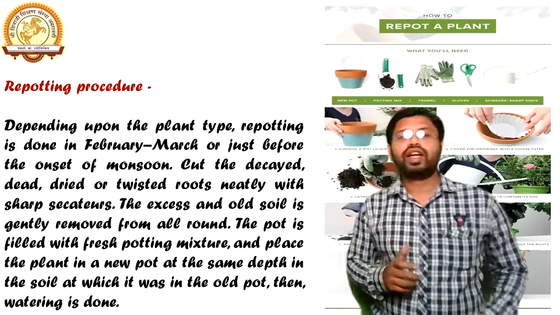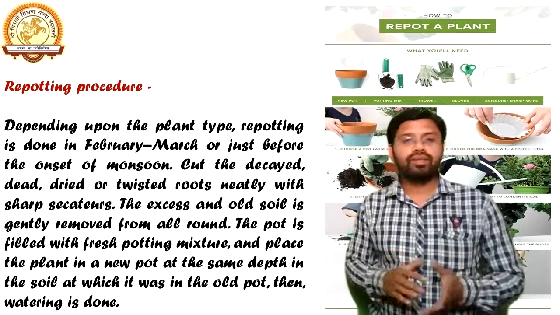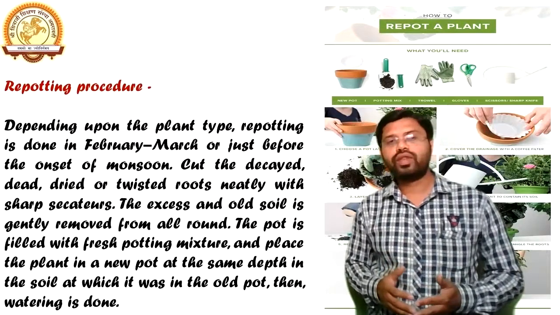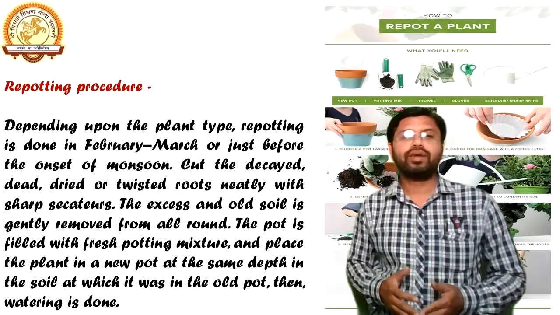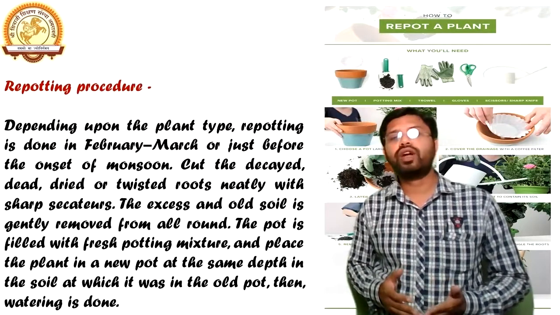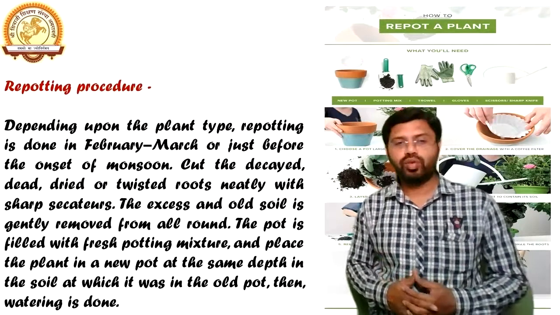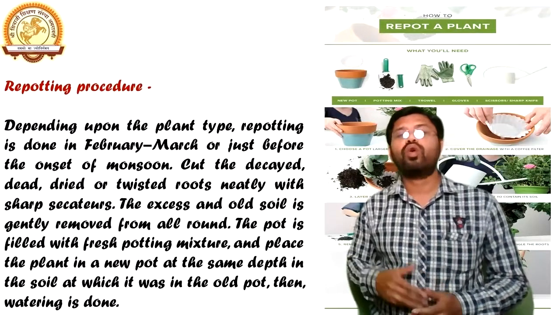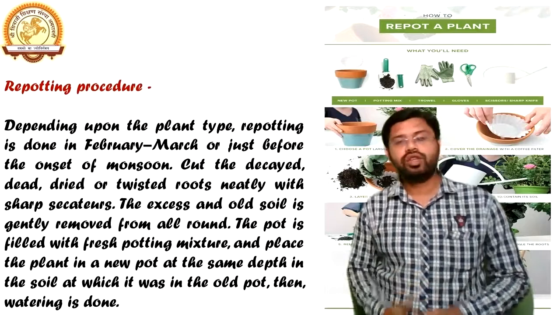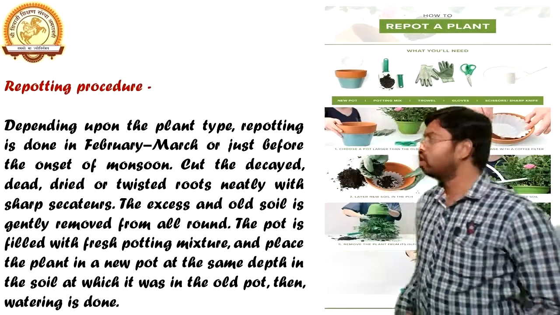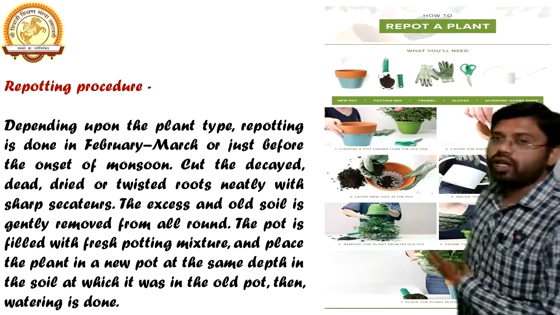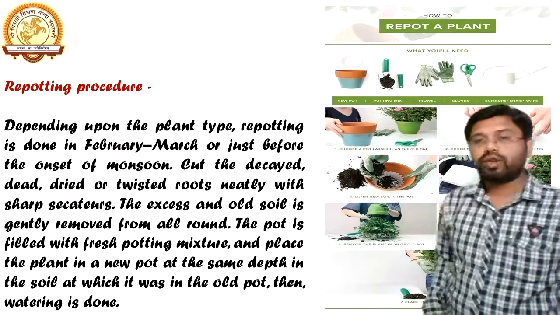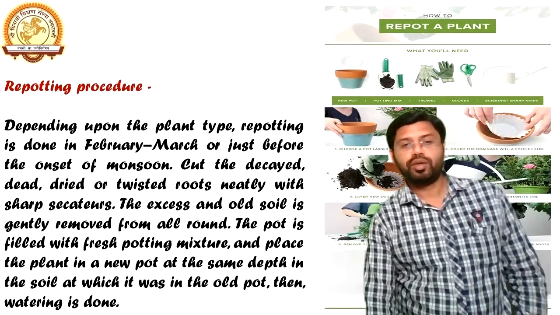The old soil is gently removed from all around. The pot is filled with a fresh potting mixture and the plant is placed in the new pot at the same depth in the soil at which it was in the old pot. Then watering is done. This is the procedure by which we can repot a plant into another pot.